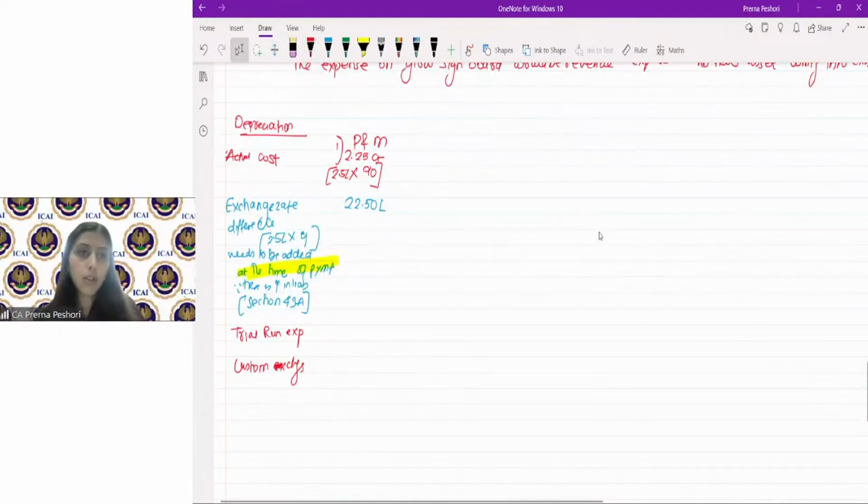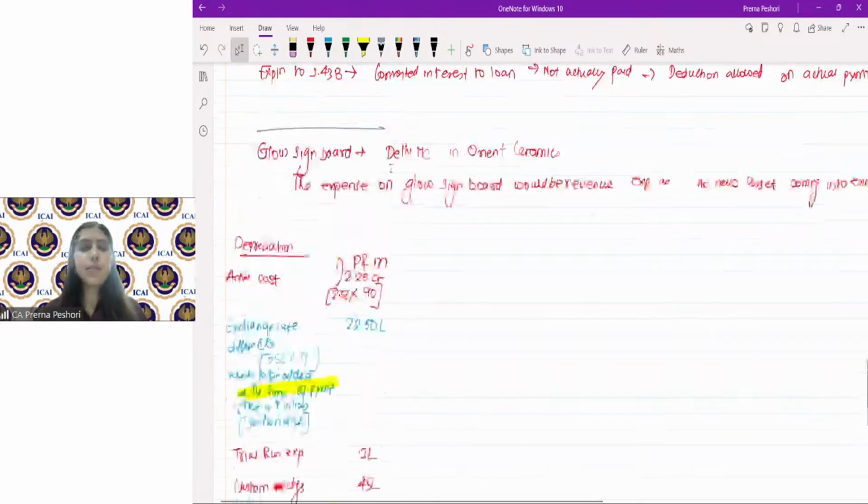So this is going to be 2 lakh and 20% of the purchase price comes to how much? 2 crores 25 lakhs into 20%, right? 45 lakh. Are we clear about this?